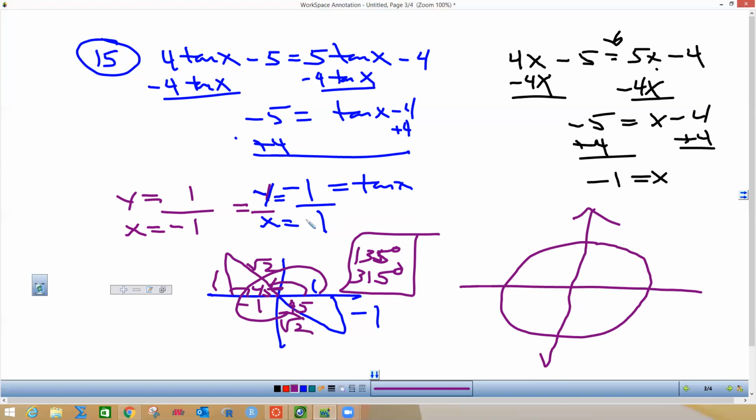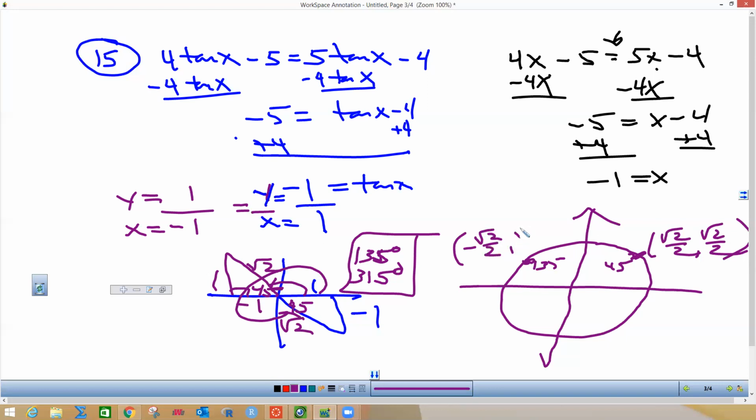If I took y divided by x on the unit circle, what do x and y have to be in order to equal 1 when you divide them? They got to be the same. So the places they're the same are right here at 45 degrees. Over here at 135 degrees.